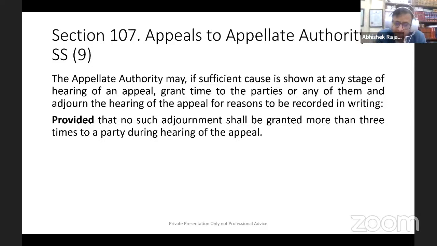And I'm not sure whether this proviso might be challenged sometime later or not. But I believe that such a restriction of restricting adjournment to maximum 3 is not good in the law. This should be challenged, and I believe would be challenged one day.